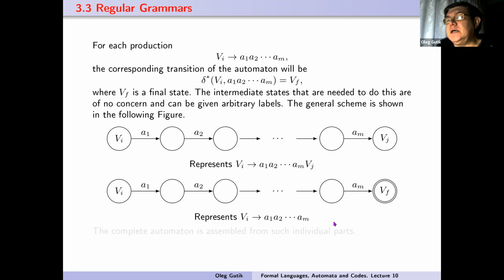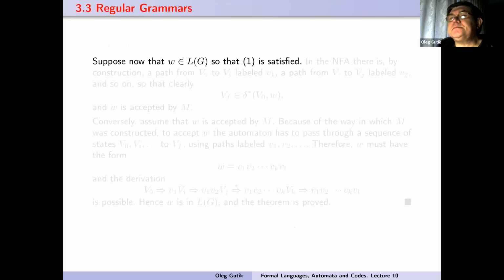And the second figure represents the transition V_i into a1, a2, so on, am. The complete automaton is assembled from such individual parts.